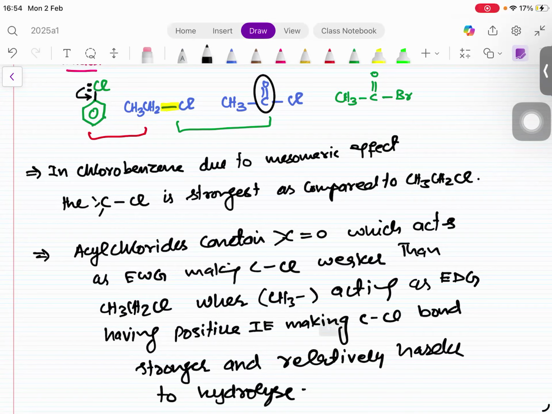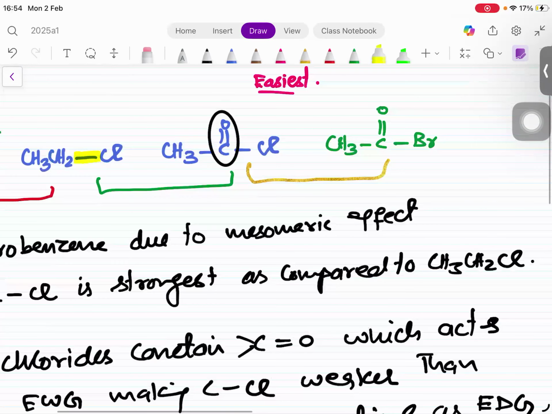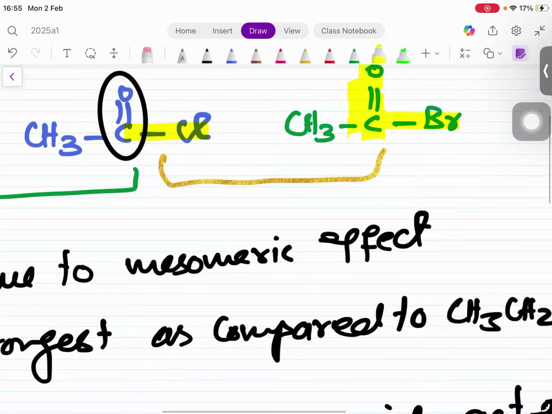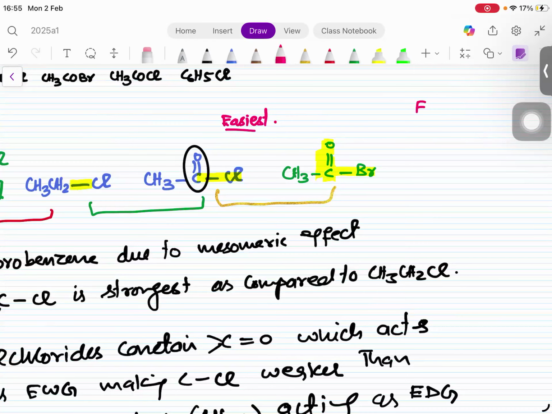Now what about this? The last part, the last bit. Both of them have C double O, so you cannot give this explanation. Now you have to focus on one more thing. Look at this. What is that thing? This is C-Cl and this is what? C-Br bond. And we all know that down the group, if this is fluorine, this is chlorine, this is bromine, this is iodine.